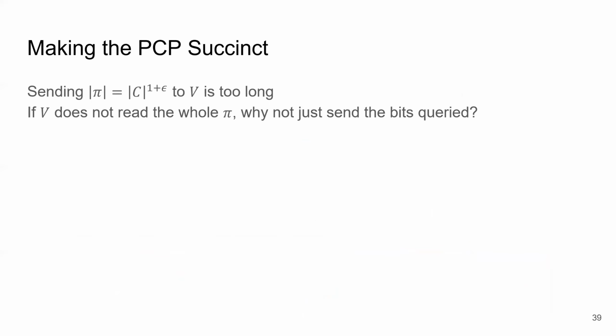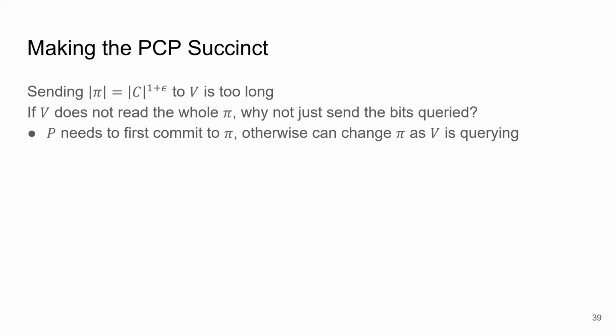All right, so since sending this entire proof to the verifier is too long, and because the verifier is not reading the entire proof, why do we need to send it all if we could just send the bits that the verifier wants to query? The answer to this is a bit adversarial. It is that the prover needs to first commit to a proof. The prover needs to first build the entire string and send the entire string to the verifier before the querying starts.